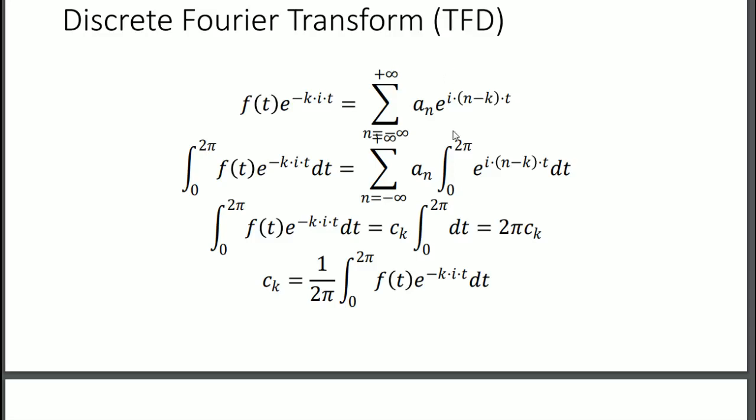Here is a quick demonstration of one way to get the coefficients of the discrete Fourier transform. Basically you have a sequence a_n linked with the nth power, that you sum. So you integrate from both sides.